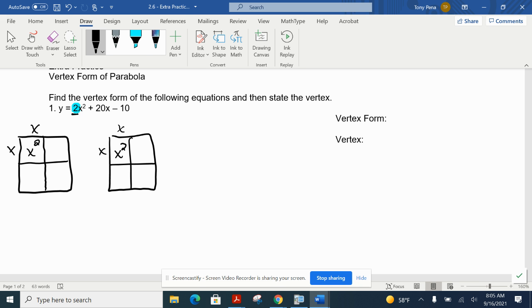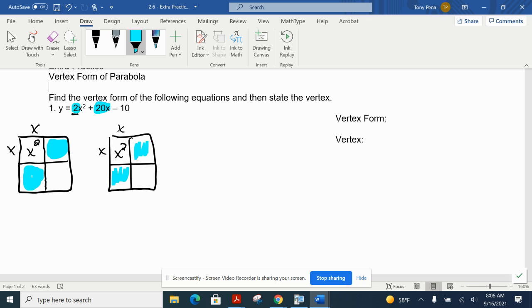Whenever we did these and there was just a 1 in front of it, this number right here, we always got from these 2 boxes. But now that we know we have 2 different squares, those 20x's have to be divvied up between these 4 boxes. All right. So if we have 20x's total, how many go in each of those 2 boxes?